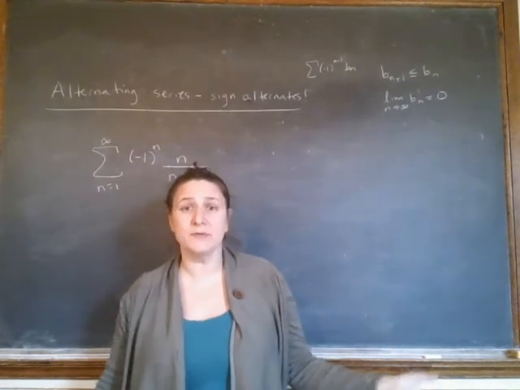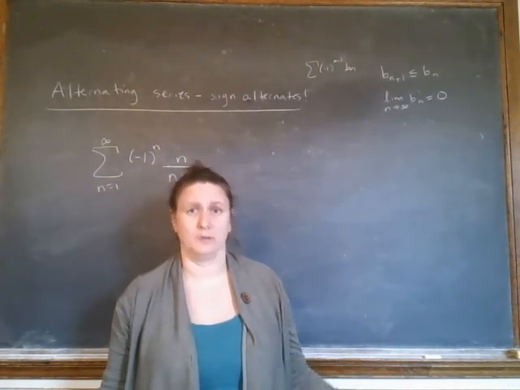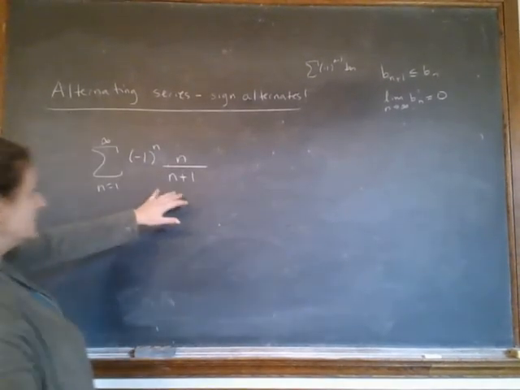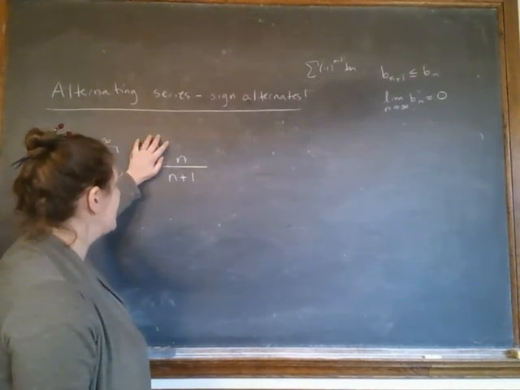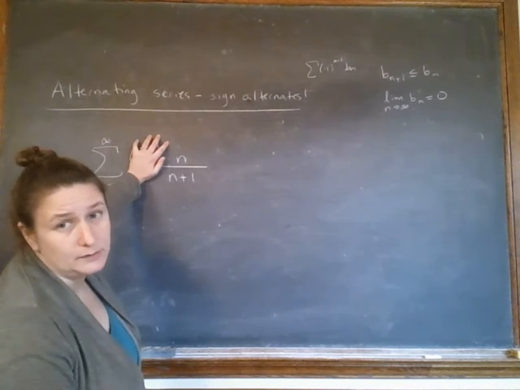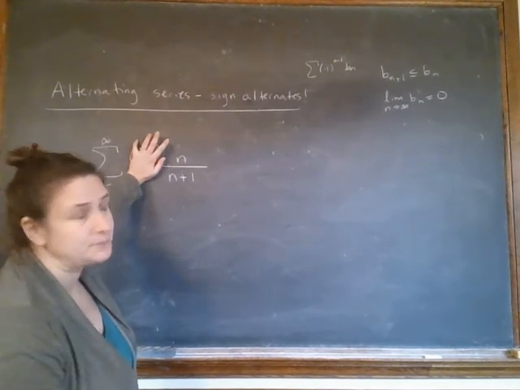So if one of the conditions doesn't hold, you don't even have to worry about checking the other one, right? So here, if I look at this, I can see clearly that this b_n, that's n over n plus 1, that guy's going to go to 1. This is not going to 0. This series isn't going to converge.